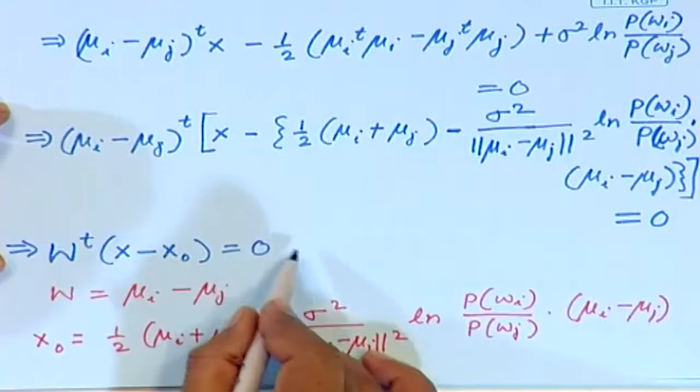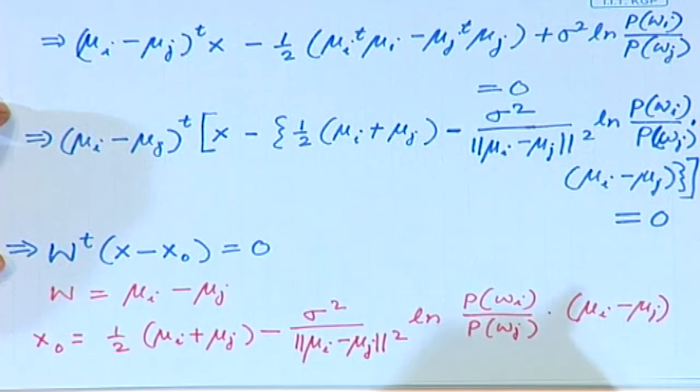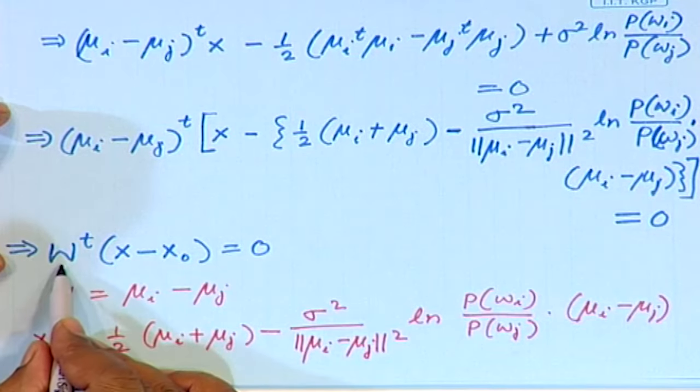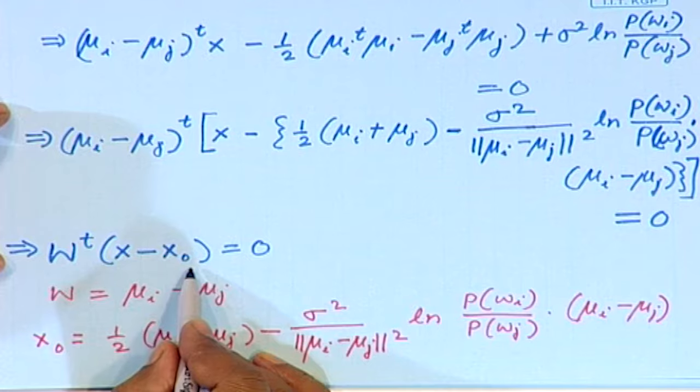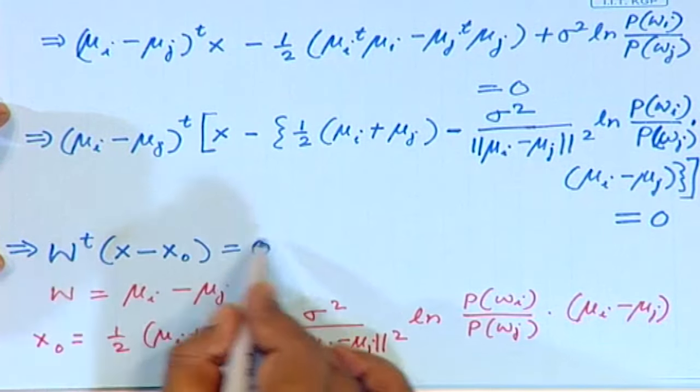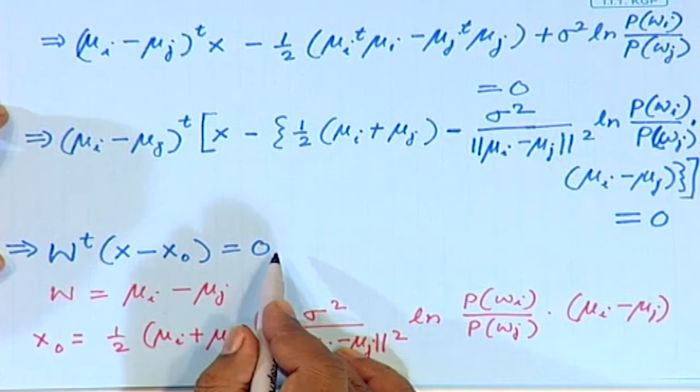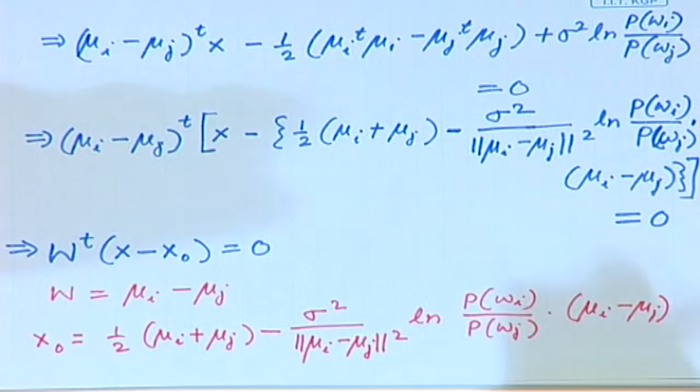So what information do we get from this? Here you find that W transpose (x minus x0) equal to 0 is the decision boundary between the ith class and jth class, where this W is given by mu i minus mu j.